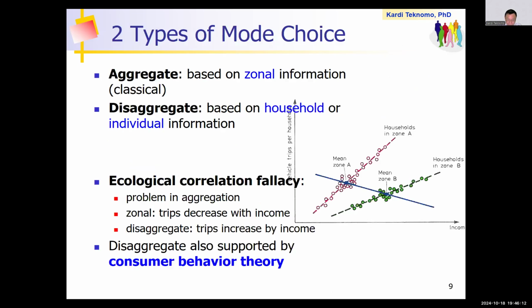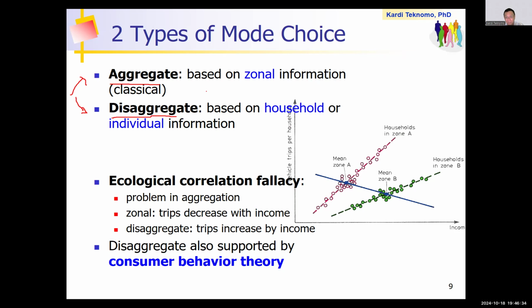So in the model, there are two types of model. One is called the aggregate model, and the other one is the disaggregate model. The aggregate model is based on zone. This is the classical one.